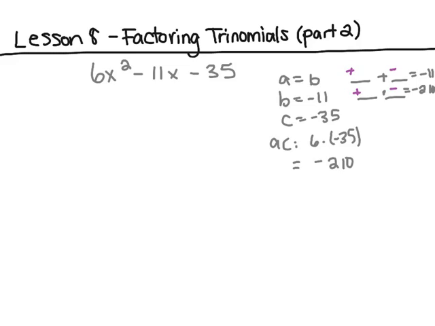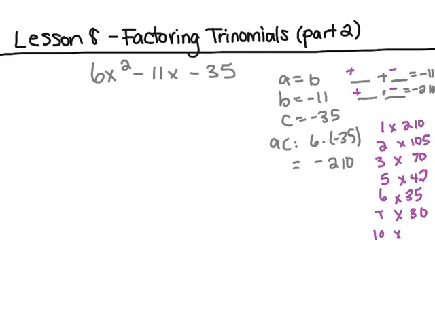So the factors of 210 are 1 times 210, 2 times 105, 3 times 70, 5 times 42, 6 times 35, 7 times 30, and 10 times 21. So we need two numbers.